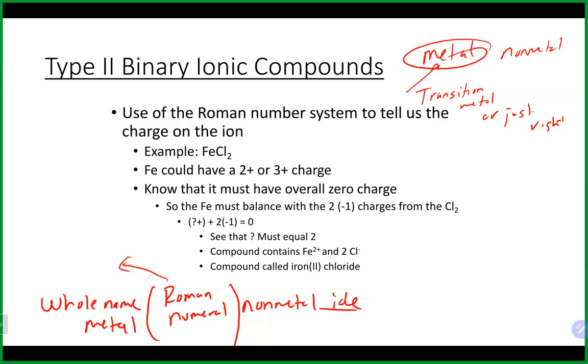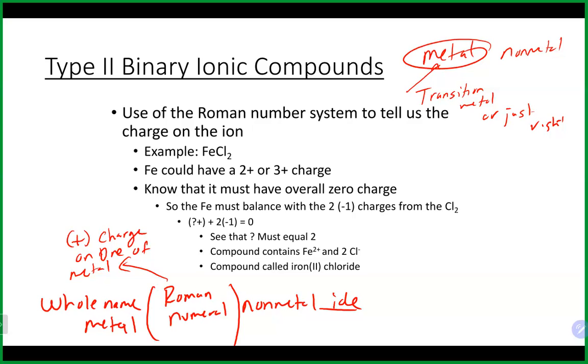So this is the positive charge on one of the metals. It's very commonly confused as being how many metals we have. So it's not how many you have, it's if you took that cation, positive metal, out, what the actual positive charge is.